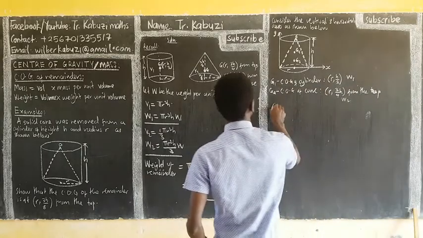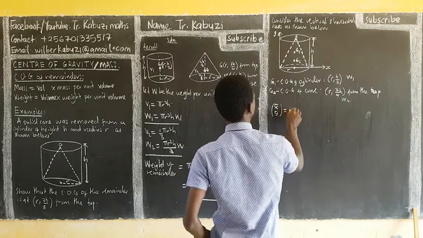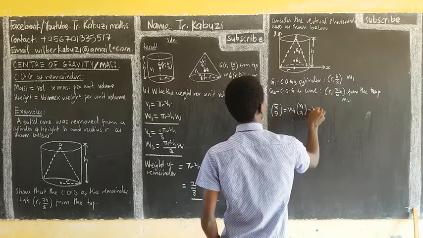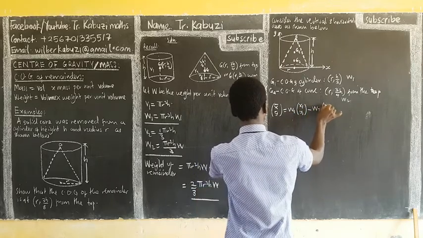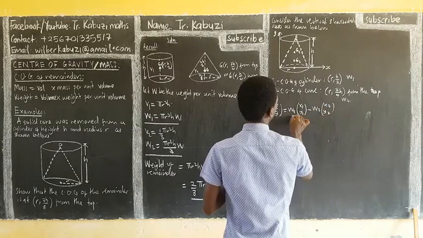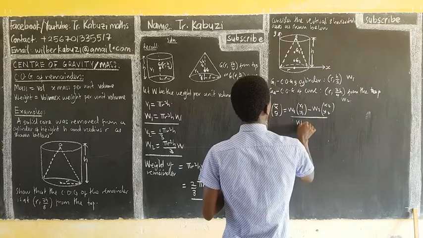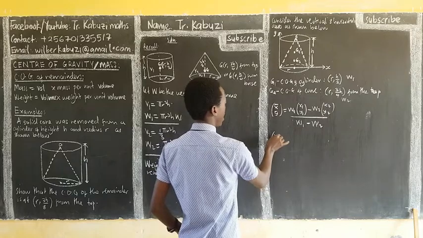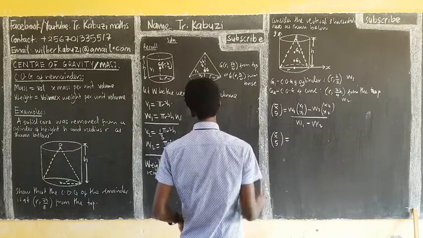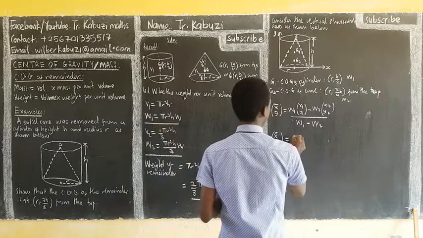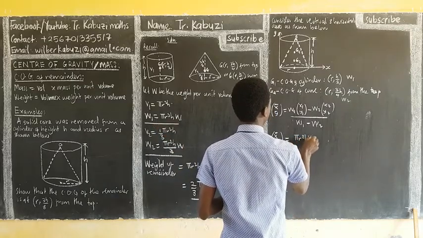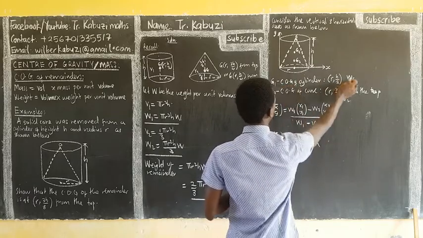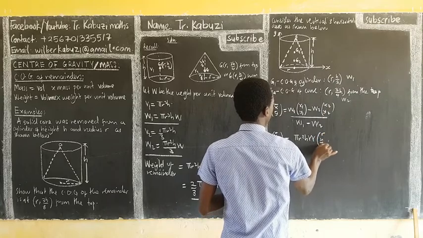So now our y bar is going to be w1, where it's acting x1, y1, then we subtract off the center of what we removed and its weight, the whole over w1 minus w2. So if we substitute in here, weight 1 is going to be pi r squared h w, acting at R, h over 2.